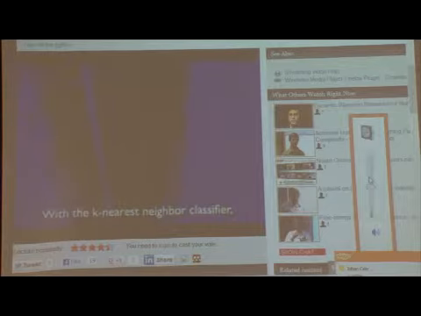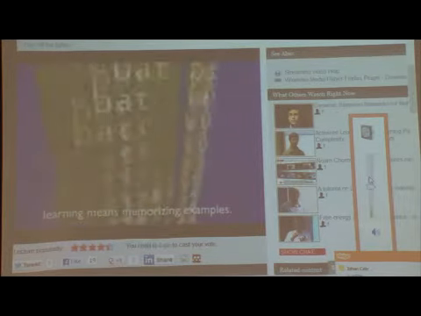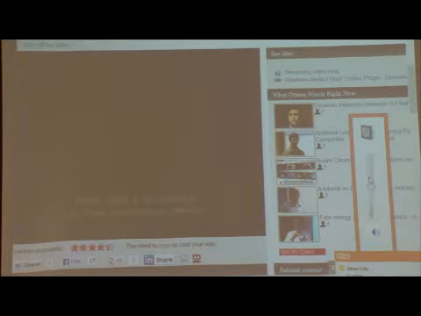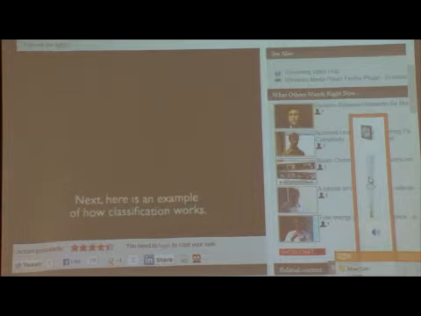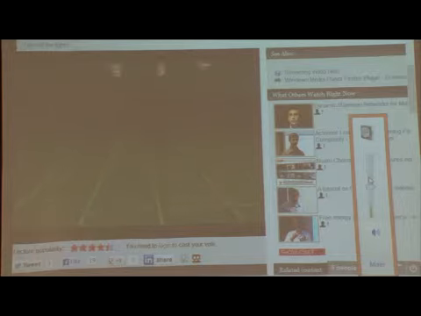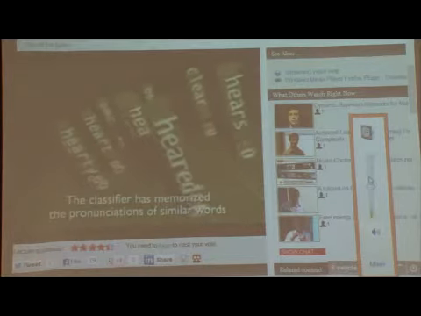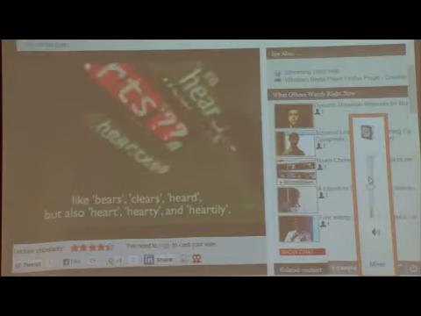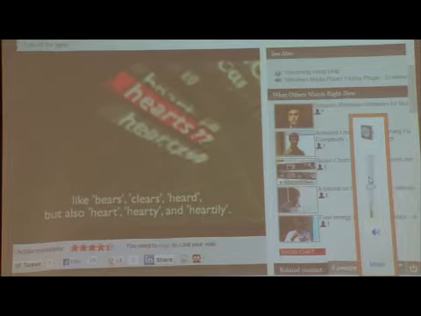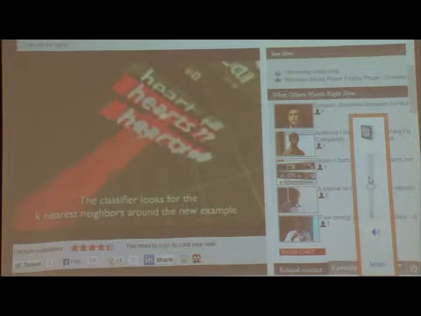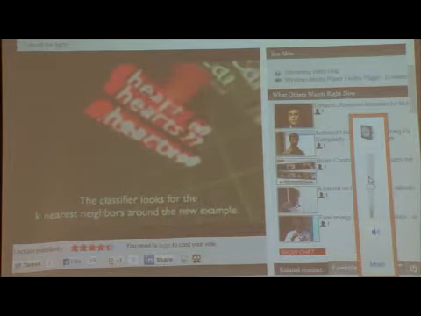With the k-nearest neighbor classifier, learning means memorizing examples. Next, here is an example of how classification works. Suppose that we are interested in the pronunciation of the letter A in the word hearts. The classifier has memorized the pronunciation of similar words like theirs, clears, heard, but also hard, hardy, and hardly. The classifier looks for the k-nearest neighbors around the new example.